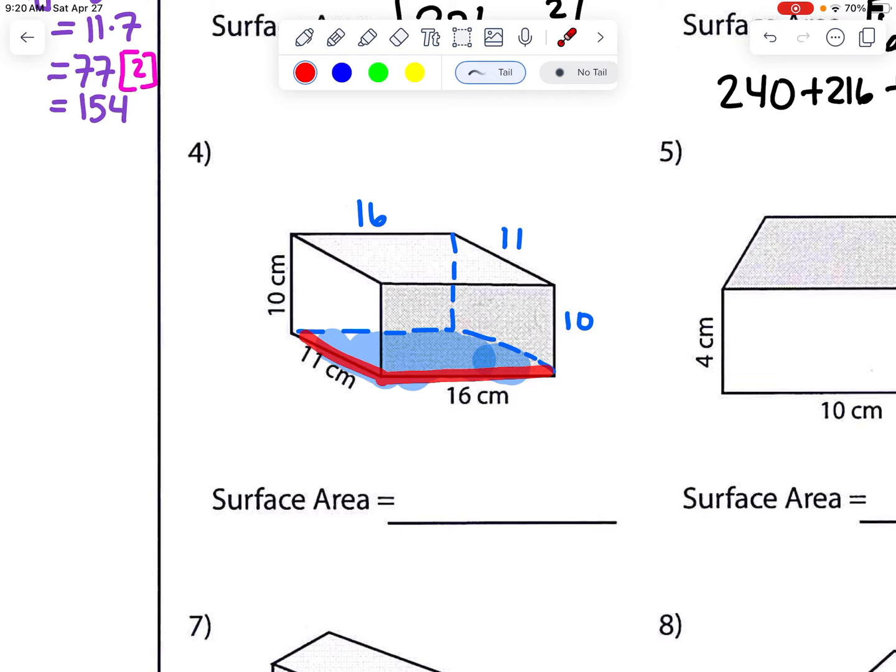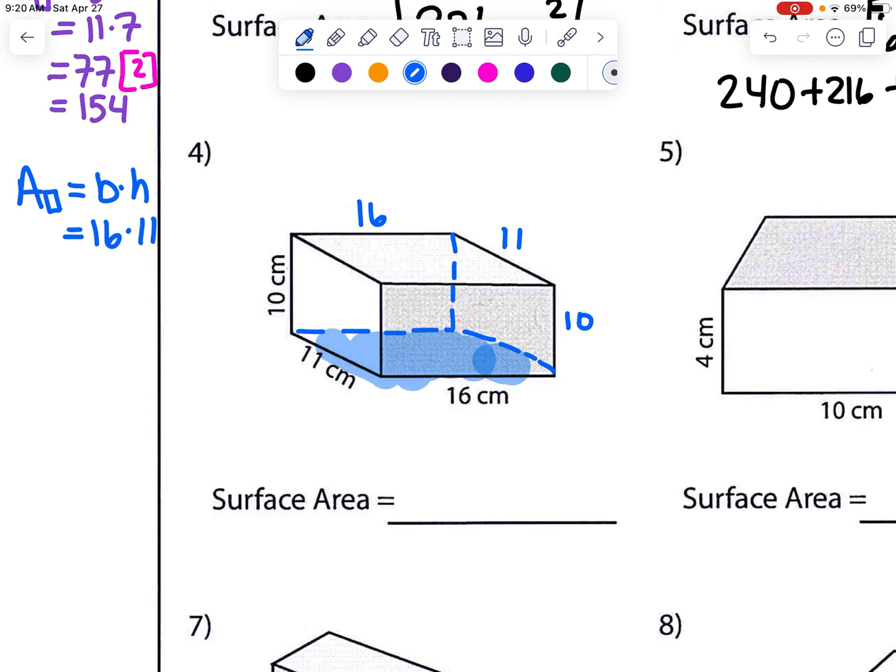It's a 16 by 11. So let's write out our formula. And we have 16 times 11. 16 times 11 is 176. So we're going to multiply by 2 since it would be top and bottom. And that would give us 352.